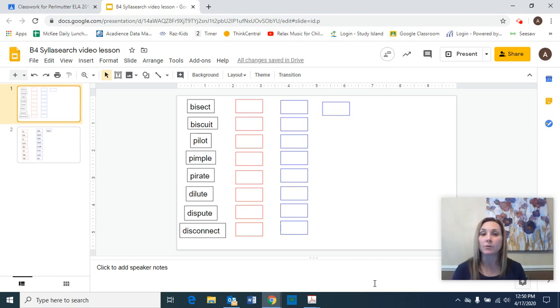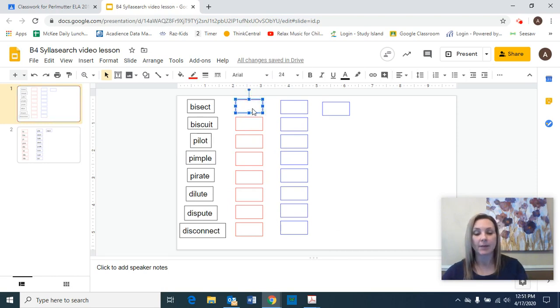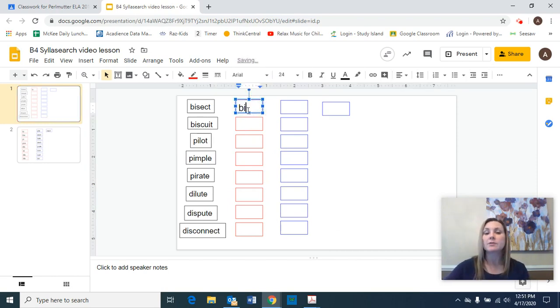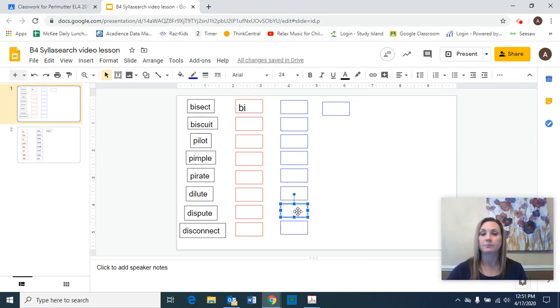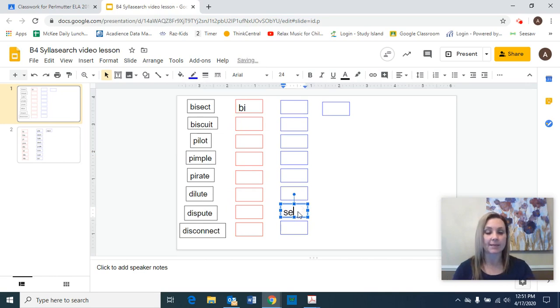What letters make up the first syllable in bisect? Yes, B-I. What letters make up the second syllable in bisect? Correct, S-E-C-T.